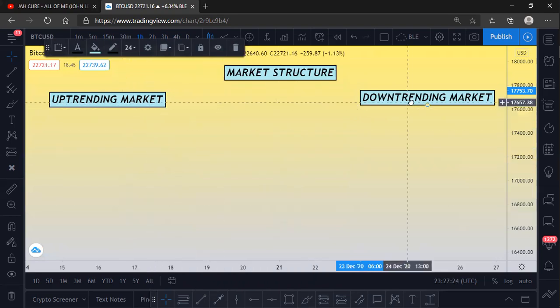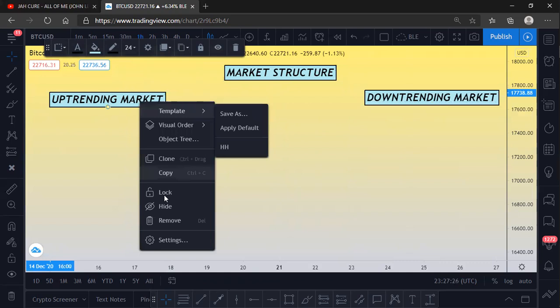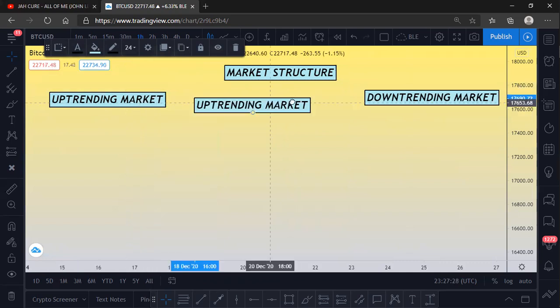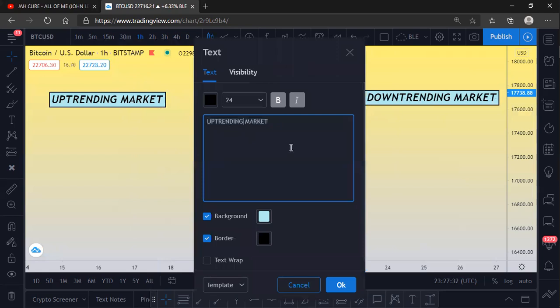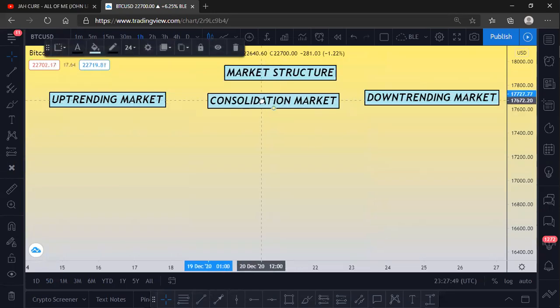Uptrending, downtrending, and then we have the third one, which is consolidation, okay? Consolidation markets. Am I correct? Consolidation. Yes. So we have the consolidation market here.